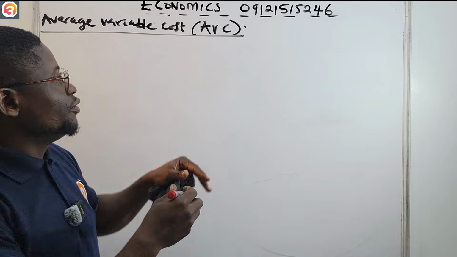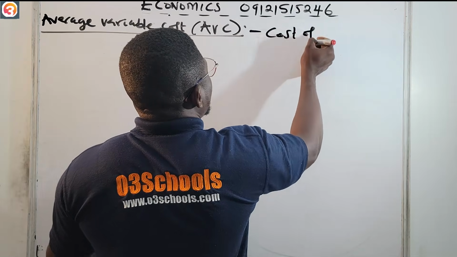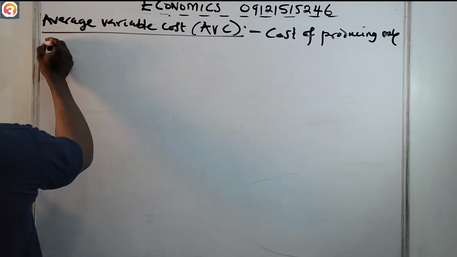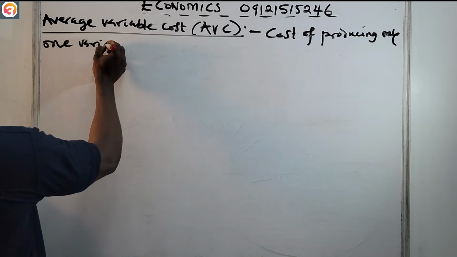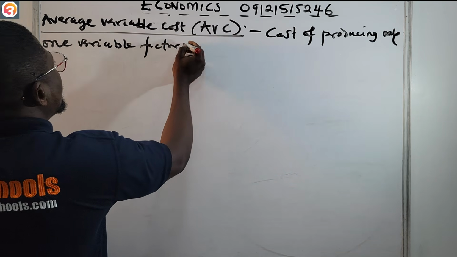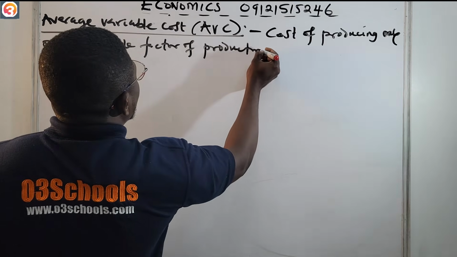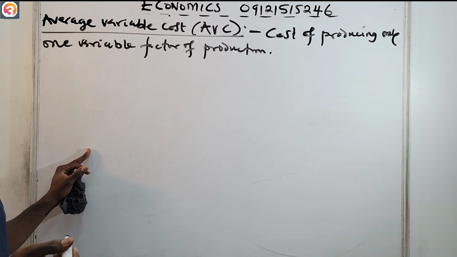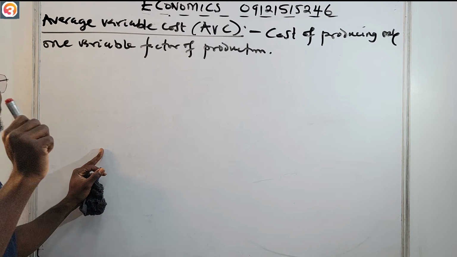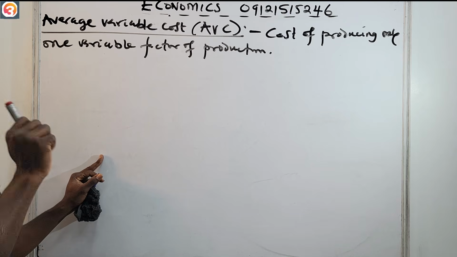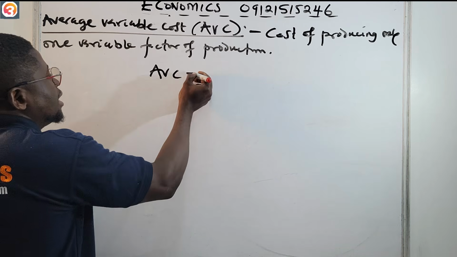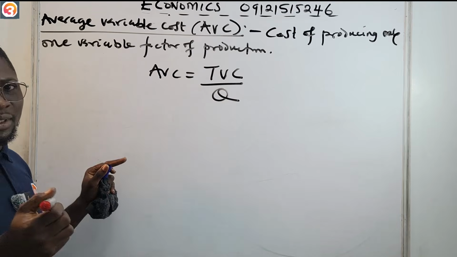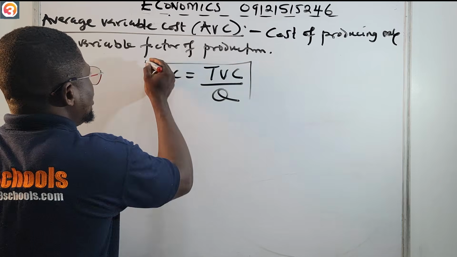This is the cost of producing only one variable factor of production, or say cost per unit of a variable factor of production. That's how we say AVC, average variable cost, is total variable cost over Q. Please take note of that. AVC is total variable cost over Q.